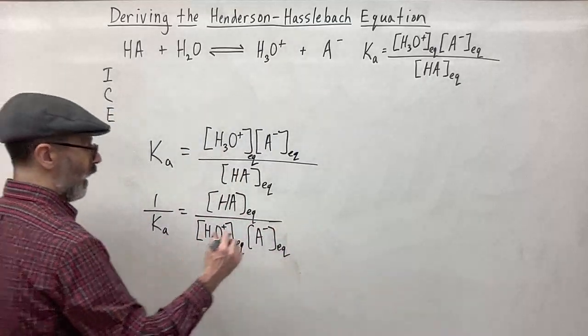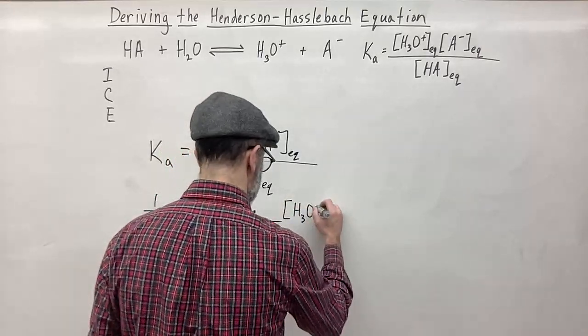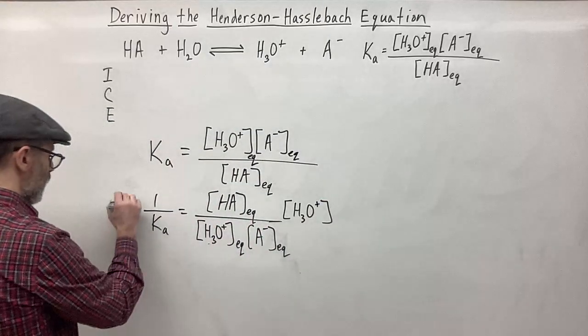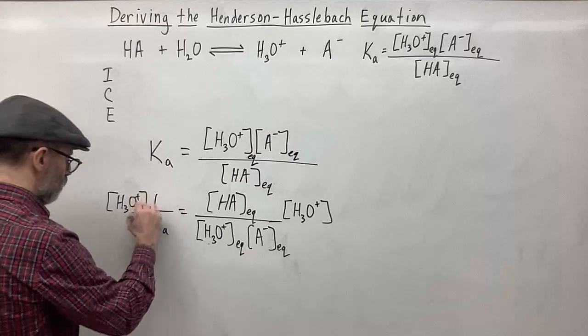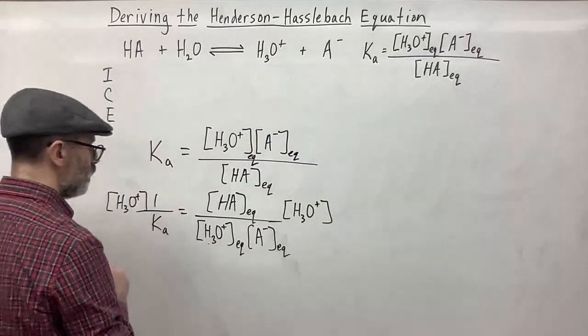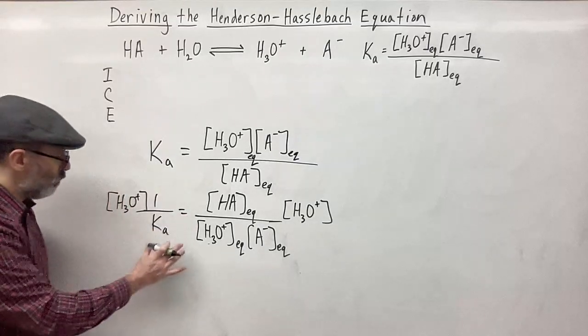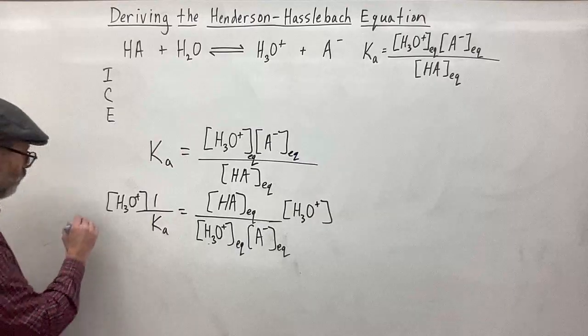Okay, so now I can multiply both sides by H3O+. And then I want to get Ka out of here, right? So I'm going to then multiply both sides by Ka. So I'm going to get rid of that.